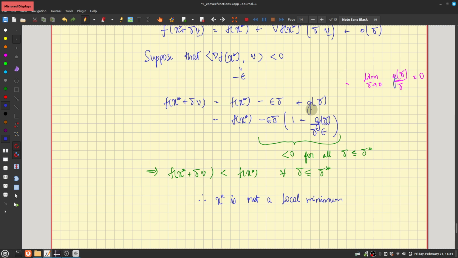Because in the end, this is going to be some series which has all higher order terms. It is something times delta square plus something times delta cube plus something times delta to the power 4 and so on. And when you divide by delta, you get some other series of the form delta plus something times delta square plus something times delta cube and so on. So as delta tends to 0, this tends to 0. Is that okay?